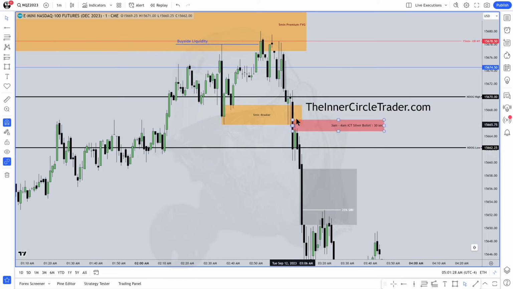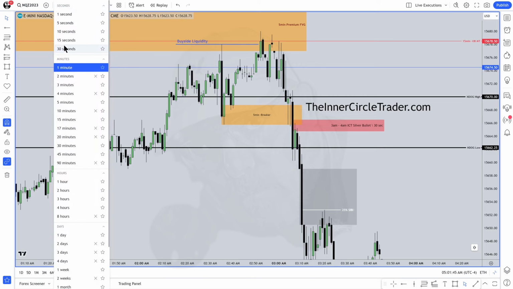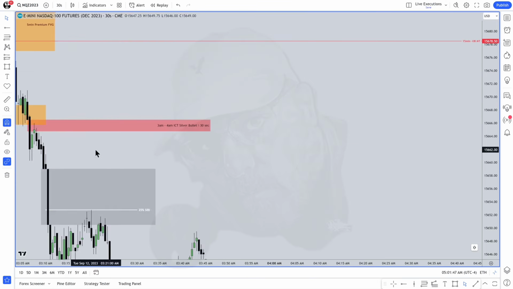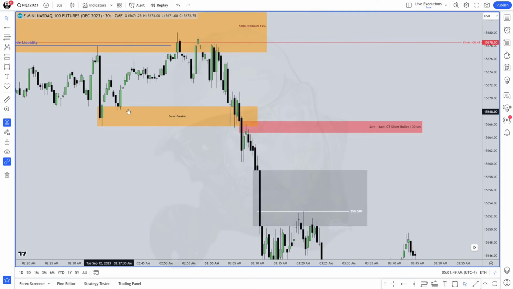The bumping of the low of that bearish breaker and inversion fair value gap that you'll have on your chart drawn from the 5-minute basis. This little shaded pink area is denoting where on a 30-second chart, here's that 5-minute breaker. The market trades lower, and then we're bumping it right there on that candle.